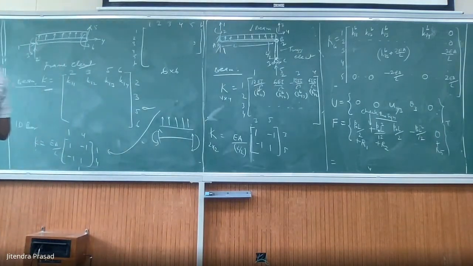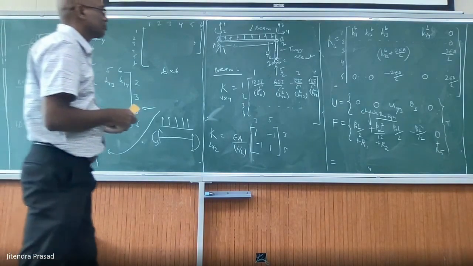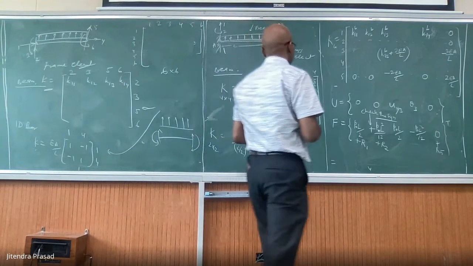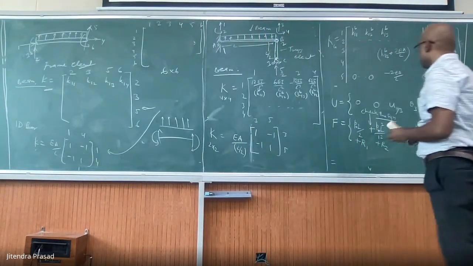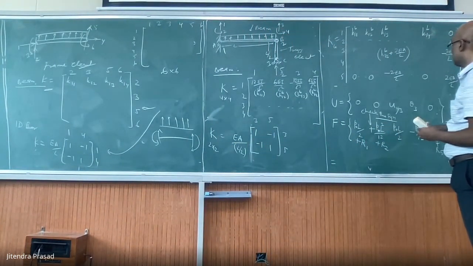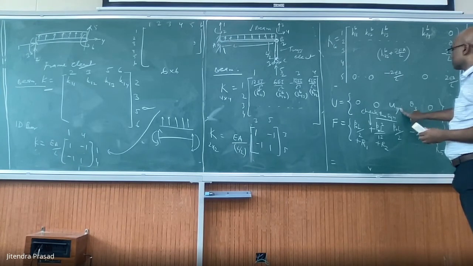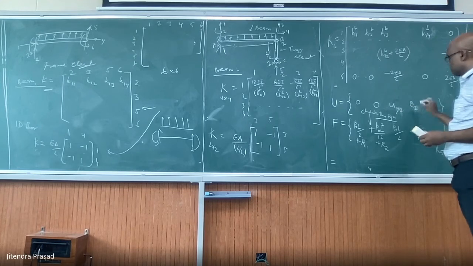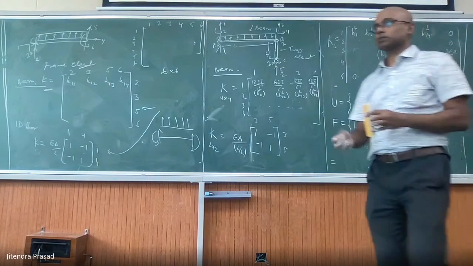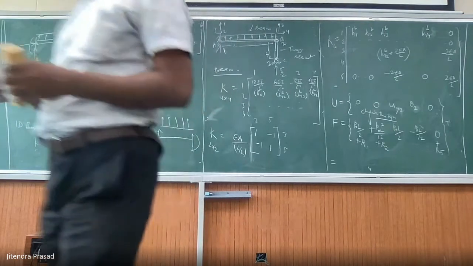Then you solve it, right? Should it be written U by 2 or U by 3? Since we are talking about U to U. No, this is Y2. This is node number 2.